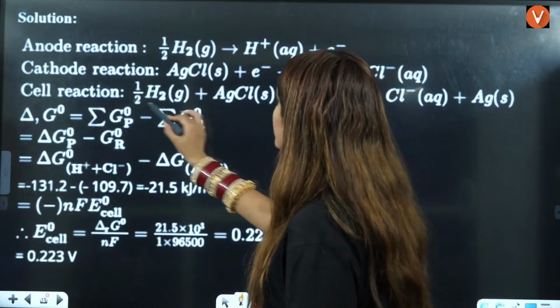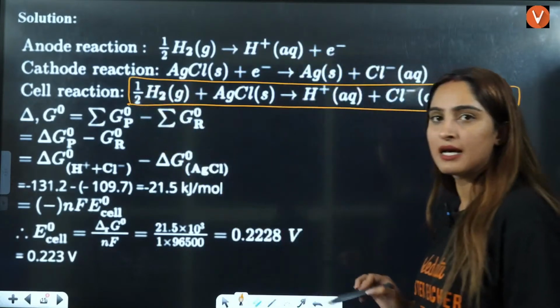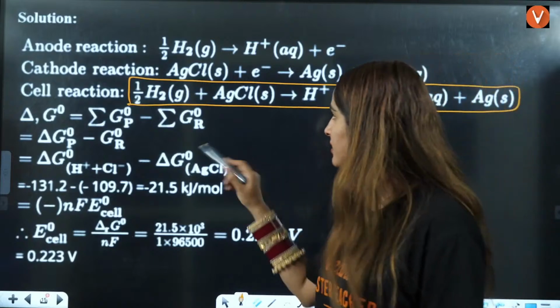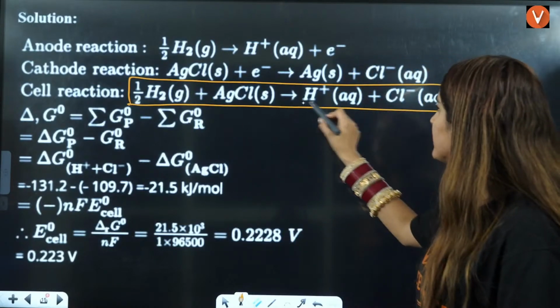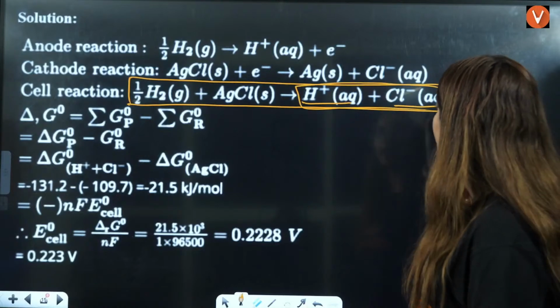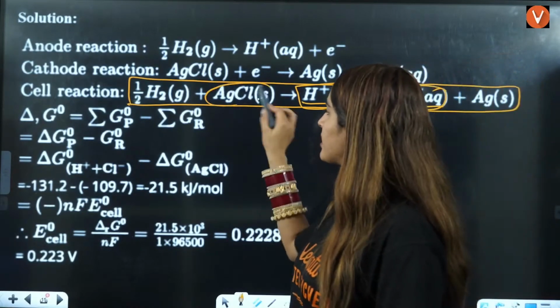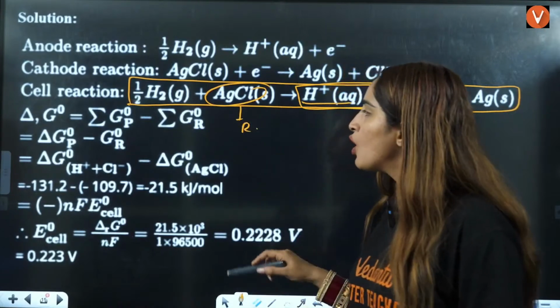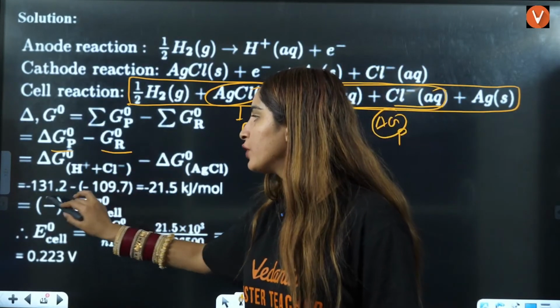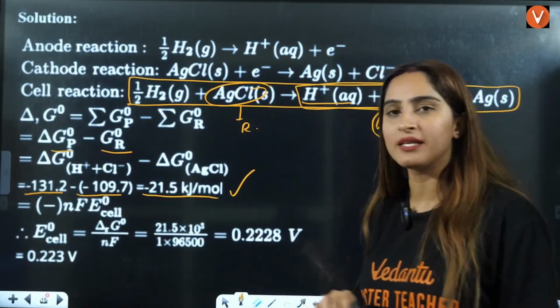So they have given you this reaction, where you are going to use HCl and H2 here, SHE along with HCl. This is what you have to do. Now in the product side, you have H positive and Cl negative. This combined delta G of products is given to you. This is the delta G of reactants given to you. So product minus reactant, you will have minus 131 point something minus of this delta G. You can easily calculate it.